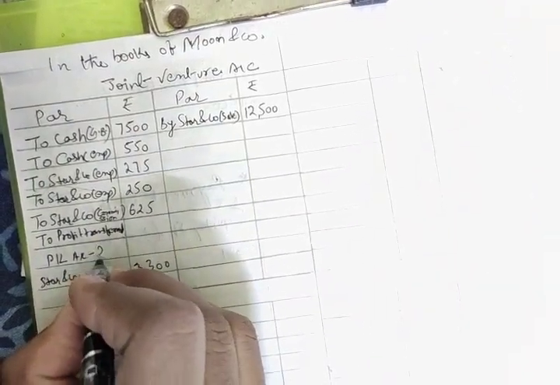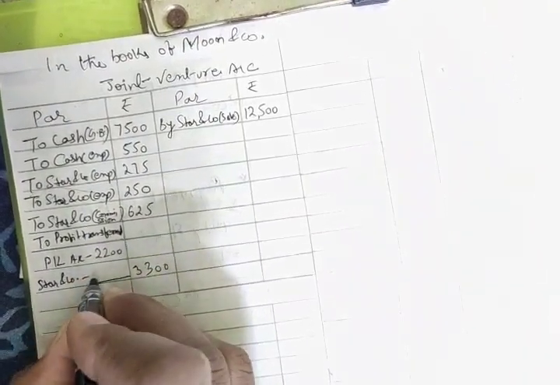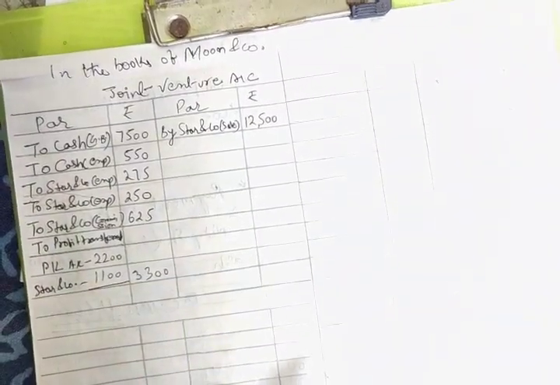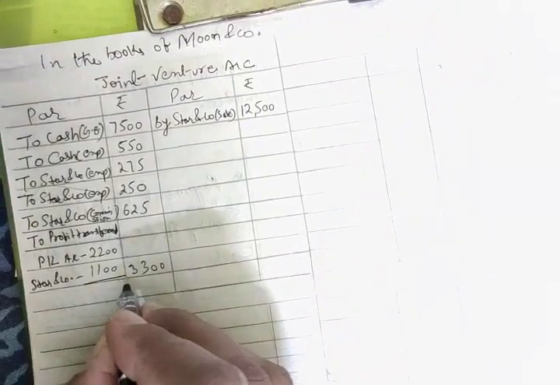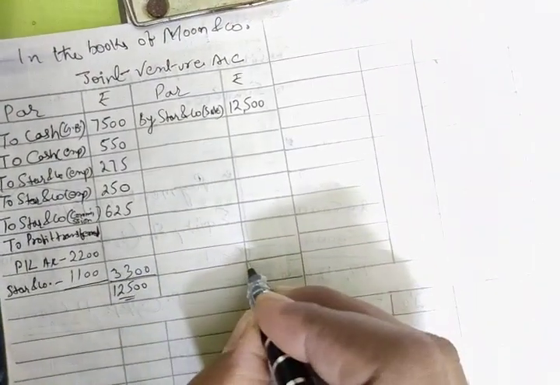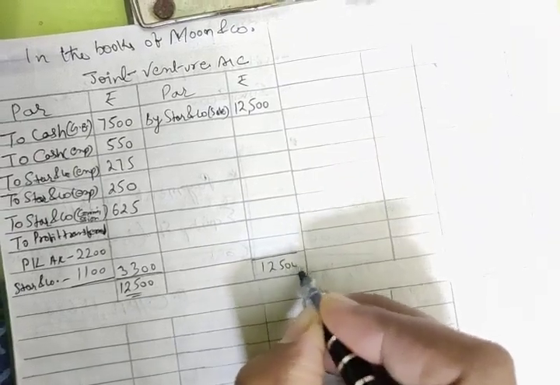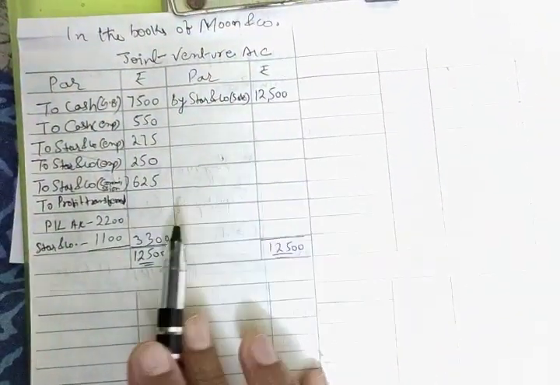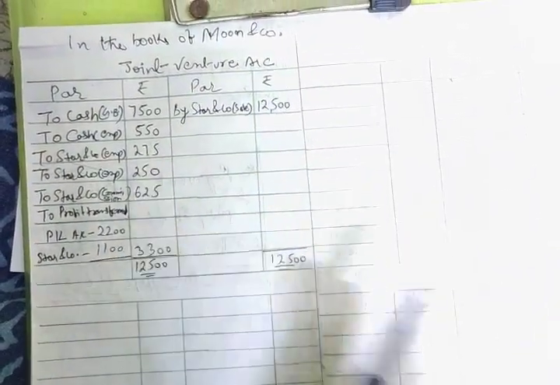So for Moon and Company profit will be 2,200 and for Star and Company profit will be 1,100. And now just make the total of both sides equal, 12,500. So this is your joint venture account in the books of Moon and Company.